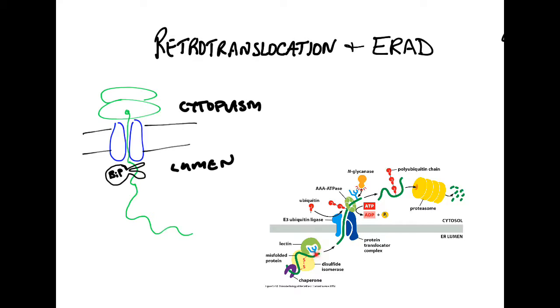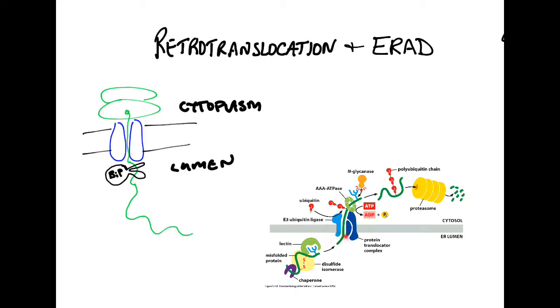It has the glycosylation, the oligosaccharide trees, disulfide bonds, and there is BIP associated with it. It turns out that those components, while they are assisting the folding of some proteins, are also escorting unfolded, misfolded, unwanted proteins to the membrane protein in the ER membrane that is going to lead to the export of that protein from the lumen into the cytoplasm.